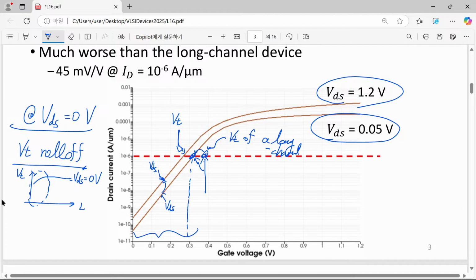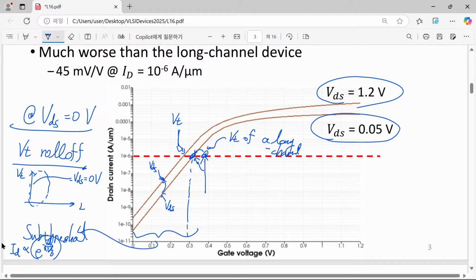Since we applied higher drain voltage, higher drain current looks quite reasonable, but it's not that much in this case. So please note that here we have the subthreshold region, and in this case our drain current just follows the rule of exponential, with one minus exponential of VDS scaled by thermal voltage. Here we have a certain factor.